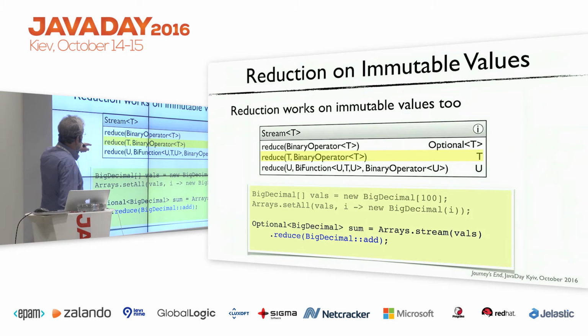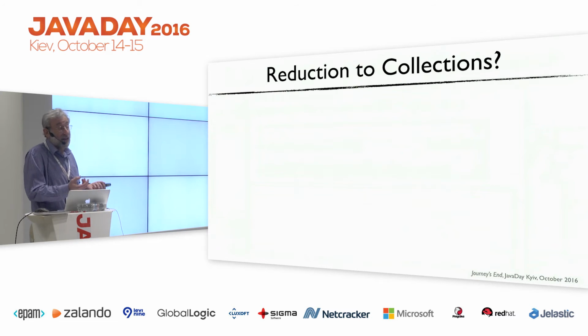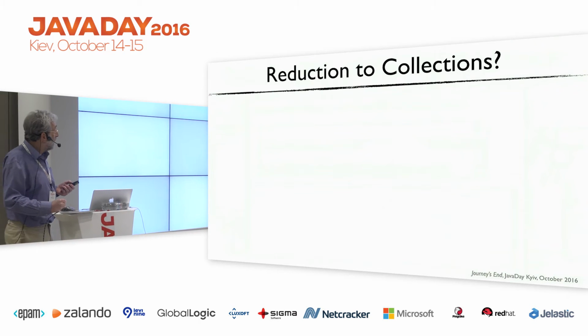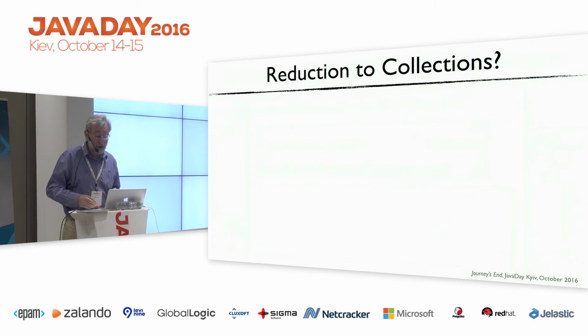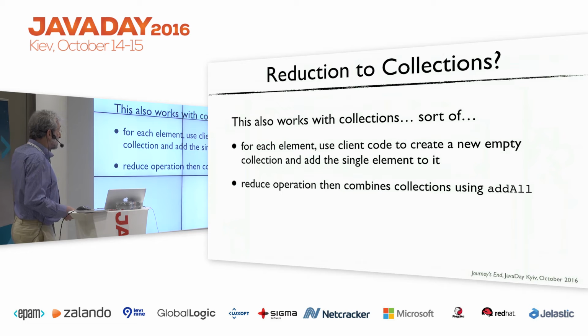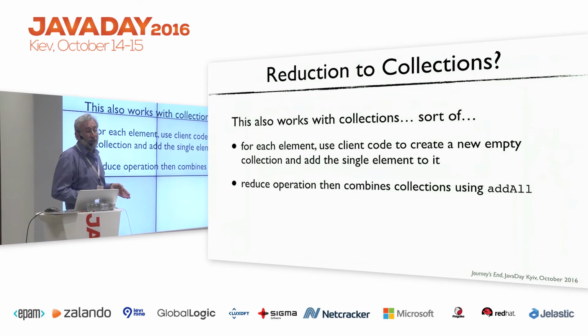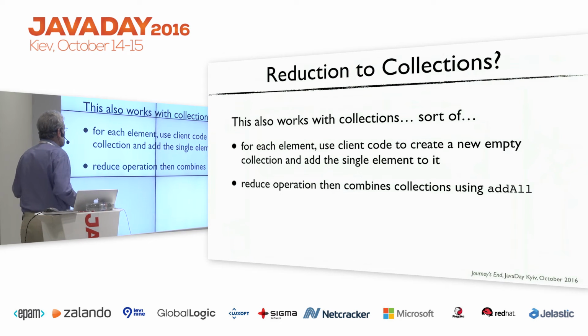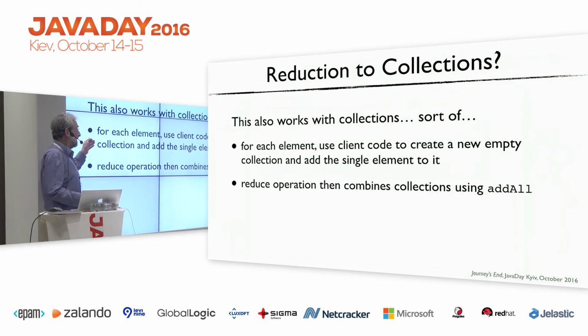And that's the overload that I really wanted to look at here, because what I want to go on to now is to talk about collections. And for collections, you actually have to have some kind of a start for the reduction operation, and in fact, reduction sort of does work with collections. The reduction operation can't create an empty collection, so the client code would have to create the empty collection.